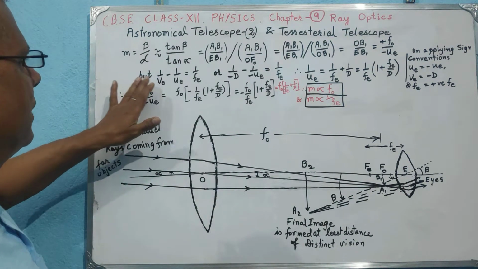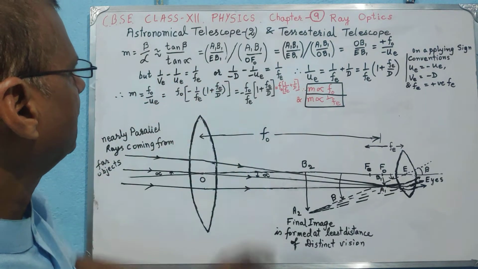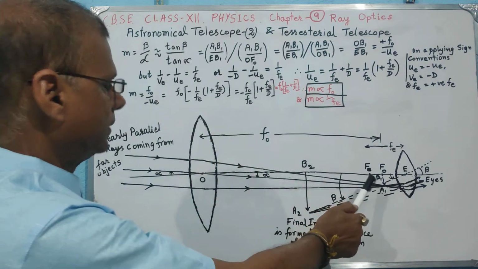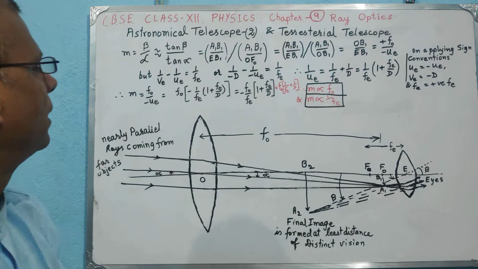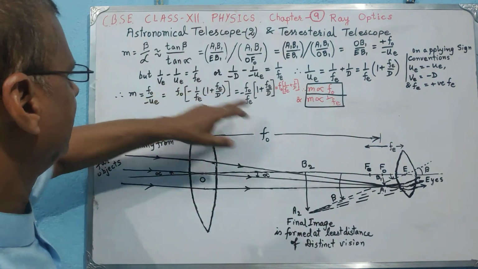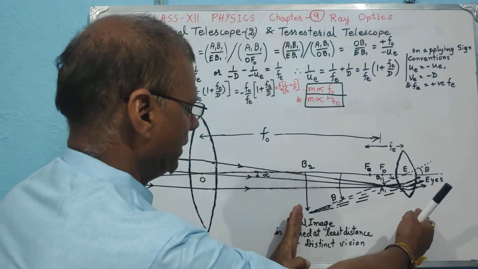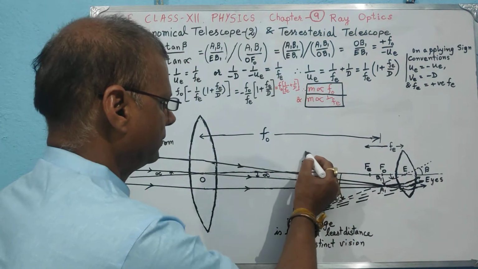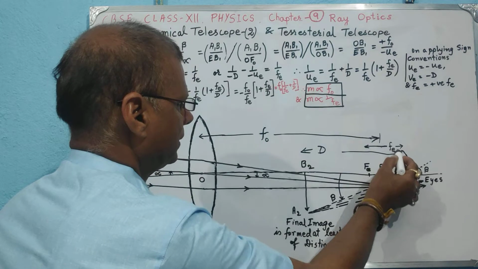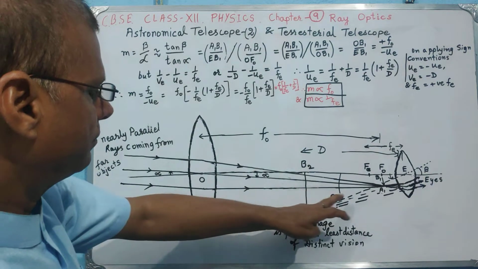For the lens formula we have 1 by V minus 1 by U is equal to 1 by F. Applying the sign convention for the eyepiece, V is equal to the least distance of distinct vision, and so that should be negative.